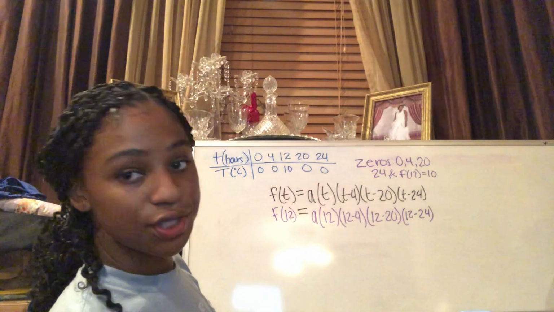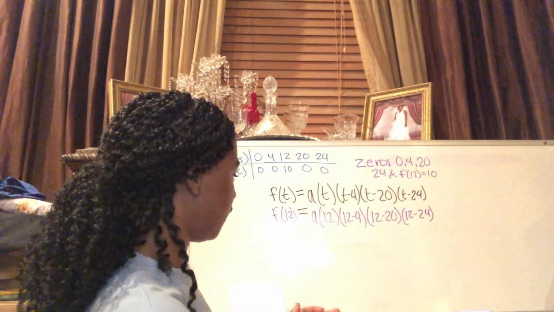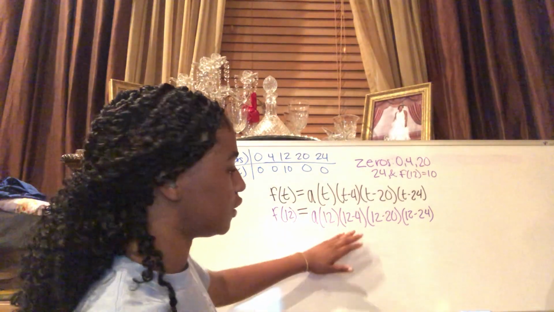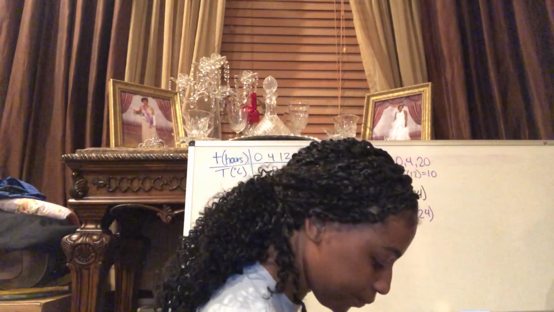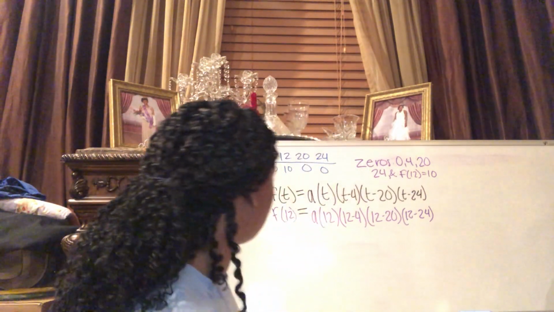So basically there I just plugged in 12 for all my values, and next I'm going to go ahead and simplify those.